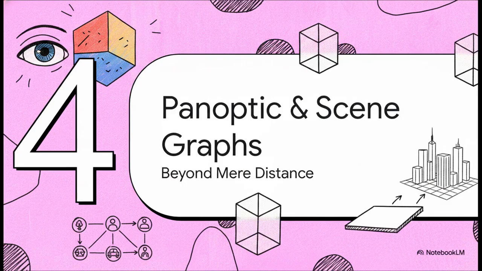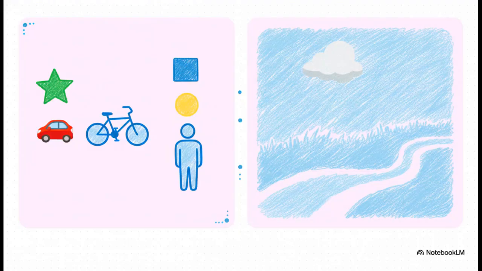Let's dive into Part 4, Panoptic Segmentation and Scene Graphs. A true synthetic brain needs a holistic understanding of context, not just raw distance. This brings us to panoptic segmentation, which unifies our understanding of the world into 2 incredibly clear and somewhat funny categories: things and stuff. Yes, those are the actual technical terms.